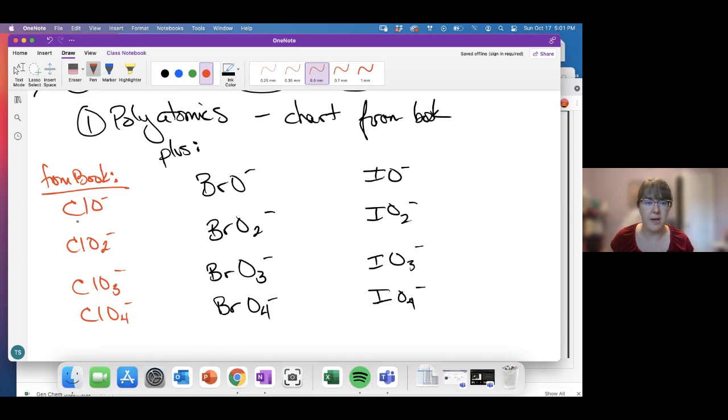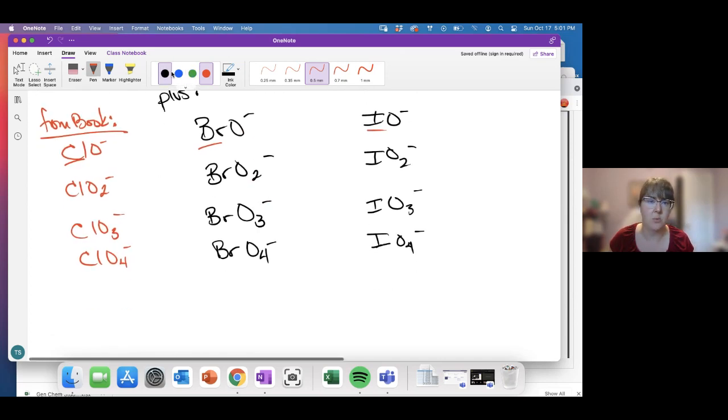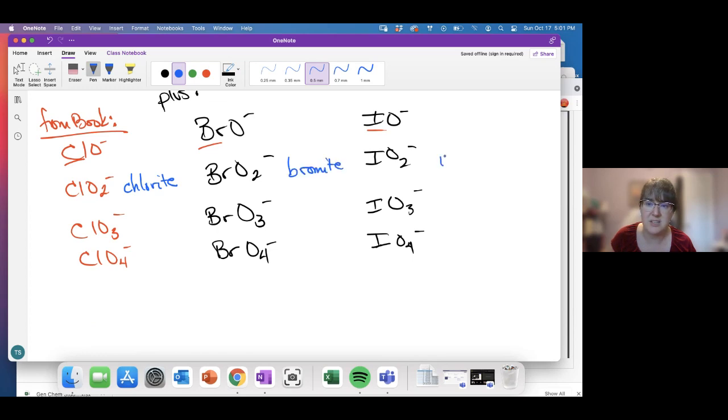And if you swap out the chlorine for a halogen below it, either bromine or iodine, you maintain the same name except for the element portion. Taking one of the shorter ones, this one is chlorite, this one is bromite, this one is iodite.